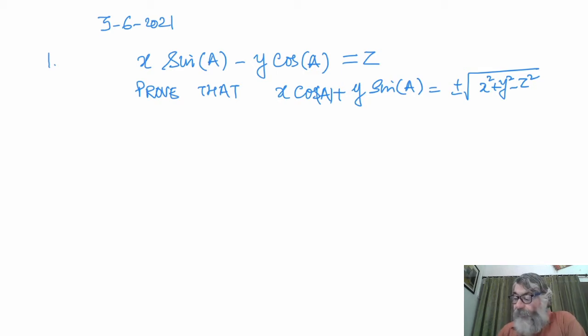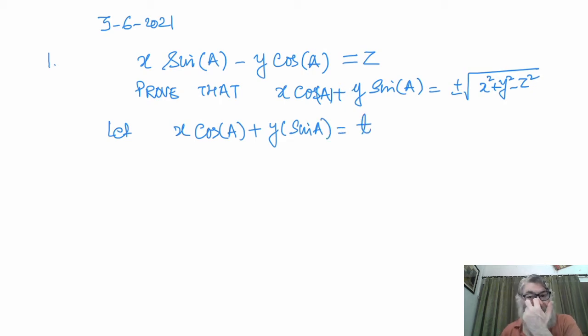So what we do is let x cos A plus y sin A be equal to, suppose, t. Let us assume this to be t, and let's say this is equation 1.